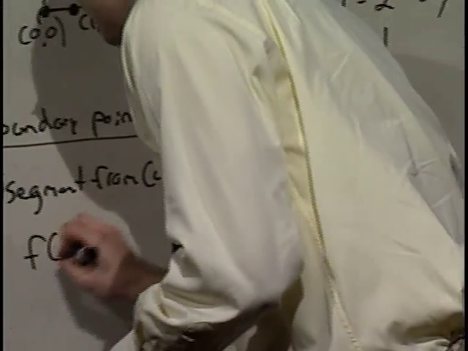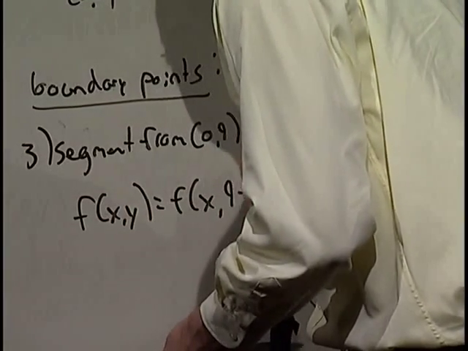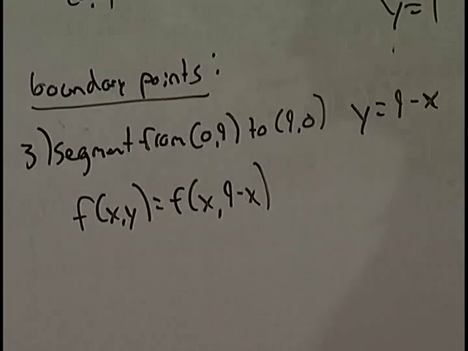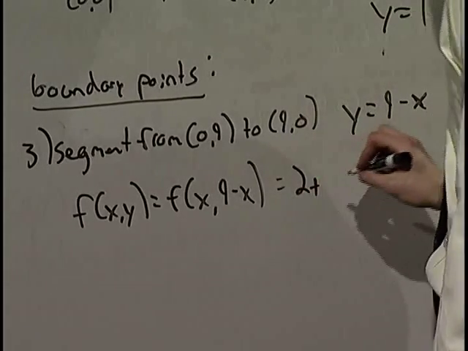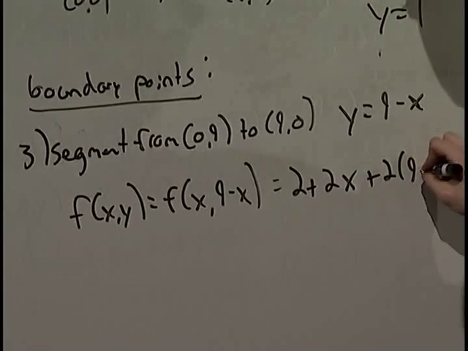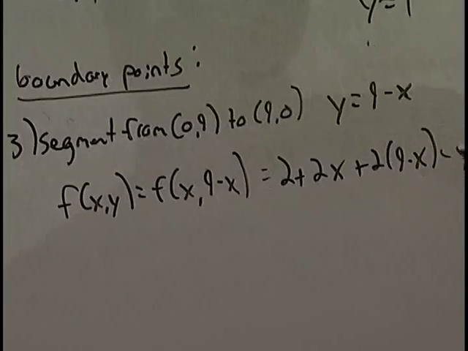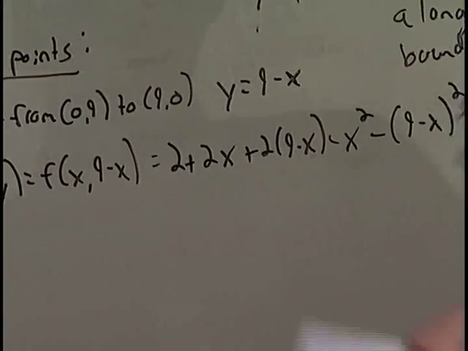So we began with f of x, y. Well, that turned into f of x, 9 minus x, is our new y value, right? That means we have 2 plus 2x plus 2 times 9 minus x squared minus 9 minus x squared.